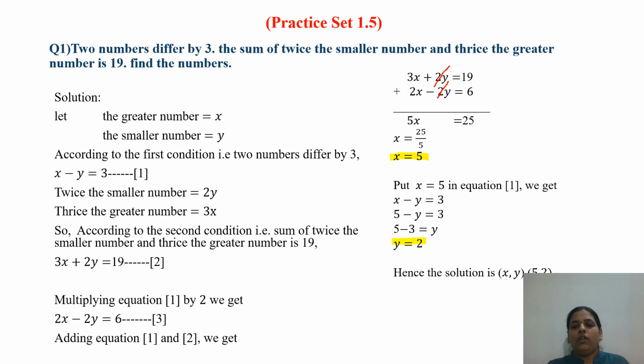Hence the solution is x and y equal to 5 and 2. In this way we solve the word problem with the help of linear equations. First of all, understand the word problem carefully, then convert it into equations and then solve it. Okay, clear? So we will solve the next problem here.